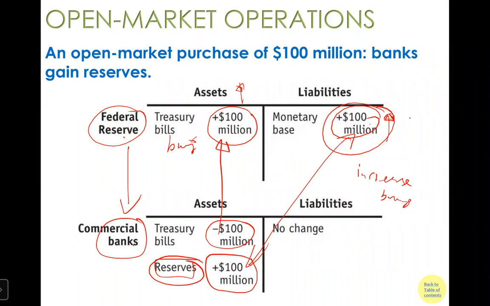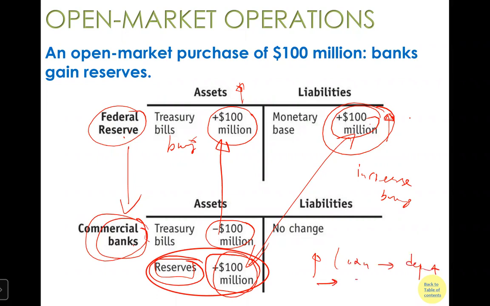Now with this additional reserve, the commercial bank is going to increase loans. That's going to increase deposits. Eventually, that's going to increase the money supply. So this is an open market purchase.